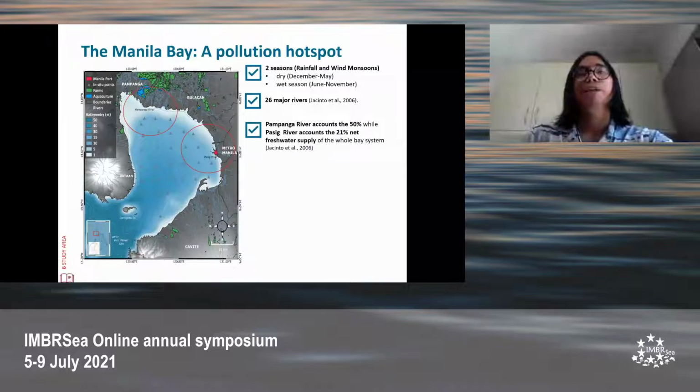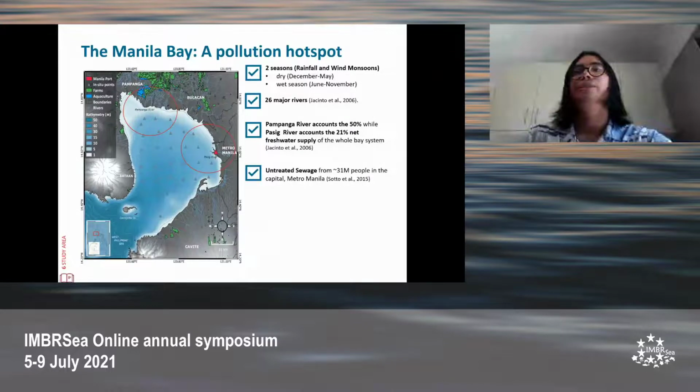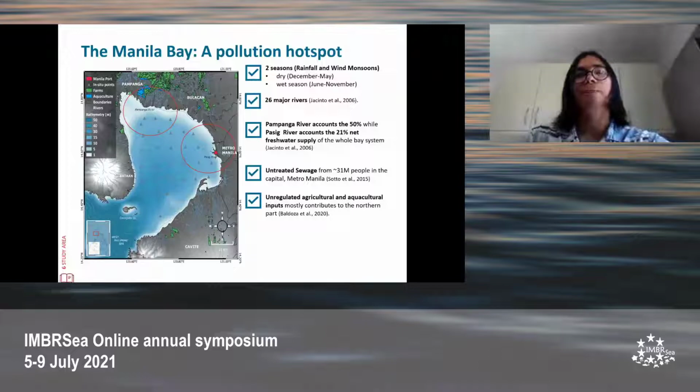We have the Pampanga River in the north that accounts for 50%, while the Pasig River accounts for 21%. And for anthropogenic influence, we can see that in the west, in the Pasig River, there is an untreated sewage input to the Manila Bay. And also in the north are the unregulated agricultural waste.